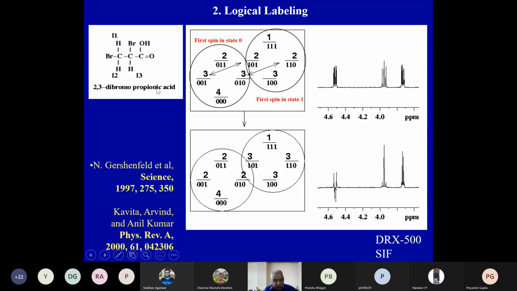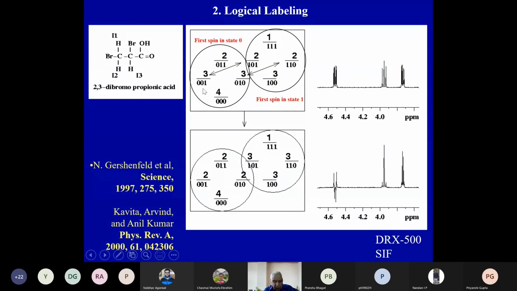The logical labeling technique was by Gershenfeld in Science in 97, long back. So basically, this is the 3-spin energy level diagram: 4, 3, 3, 3, 2, 2, 2, 1. In which one spin flips, and here two spins flip, and here all three spins flip. Now you can divide them into two subsets.